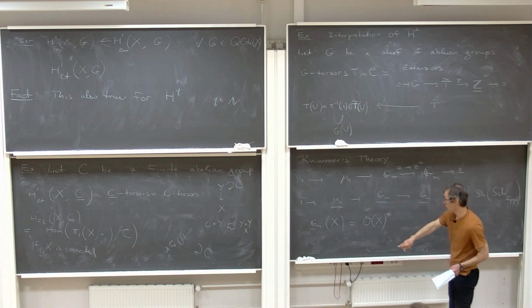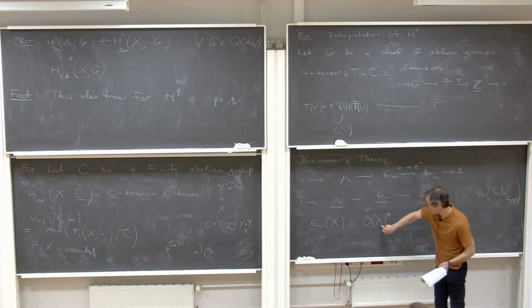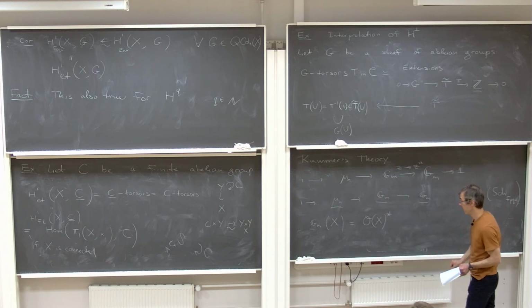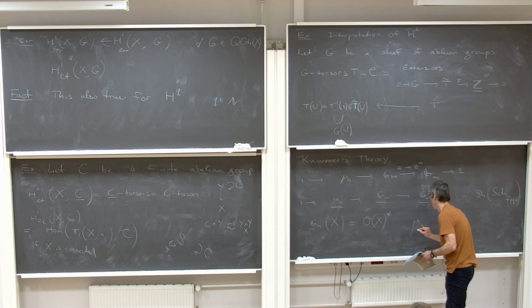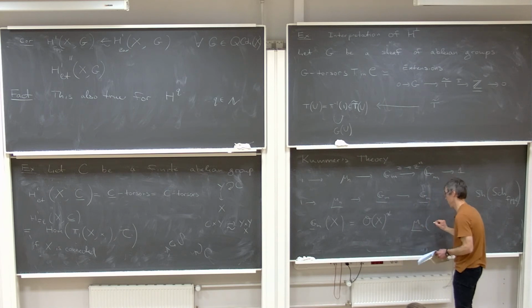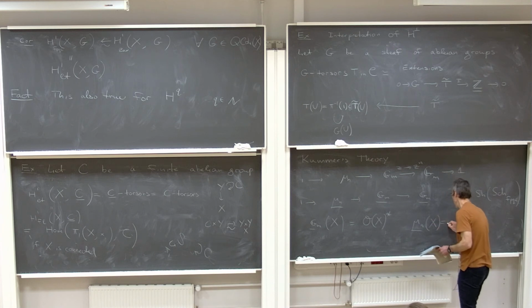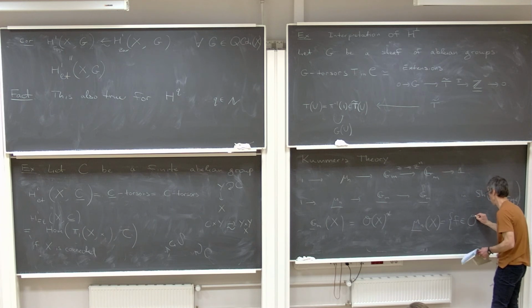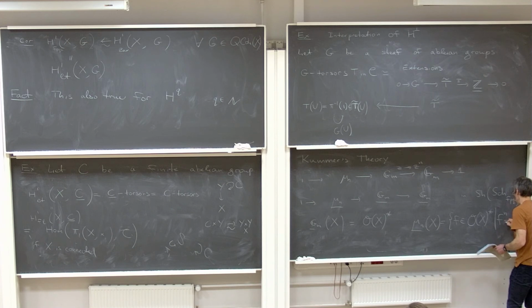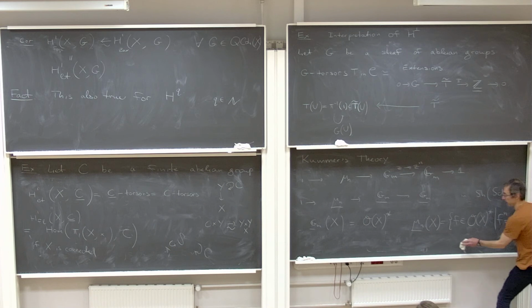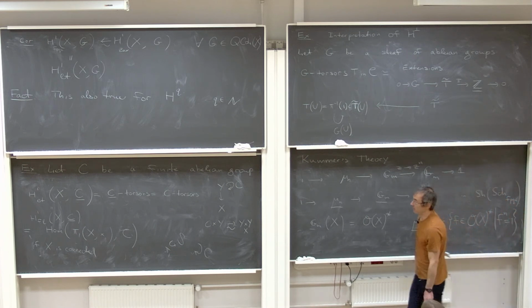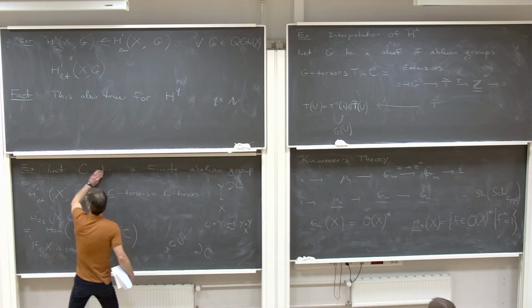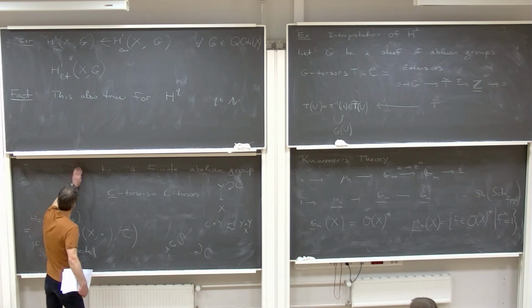By definition, these are maps from X to G_m. And what is mu_n? The X-valued points of mu_n are functions f in O(X)* such that f to the nth power is equal to 1. So if X is connected, then they're all roots of unity.